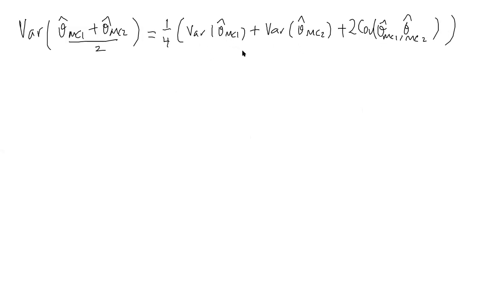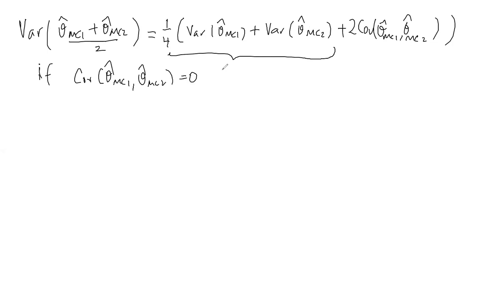So let's see here. Now, this is the variance if your variables are correlated, right? Suppose the covariance of this is 0, that means you are using independent variables, then you will only have the first part here, right? Okay.